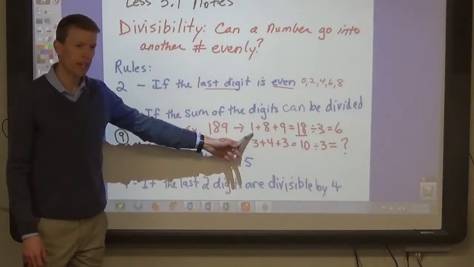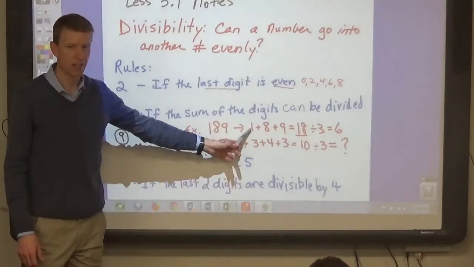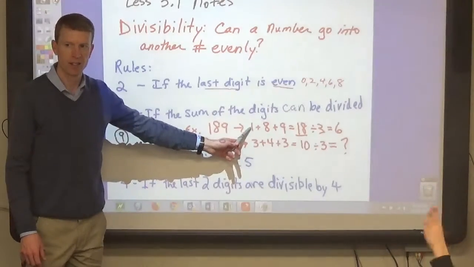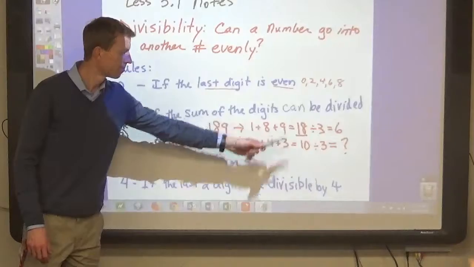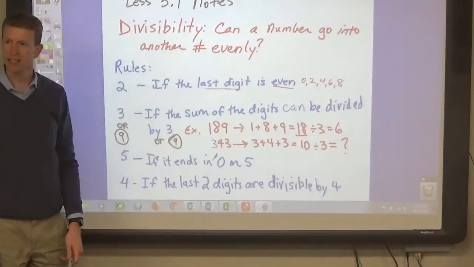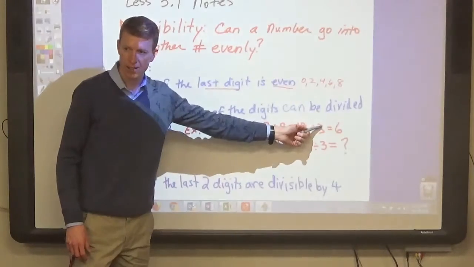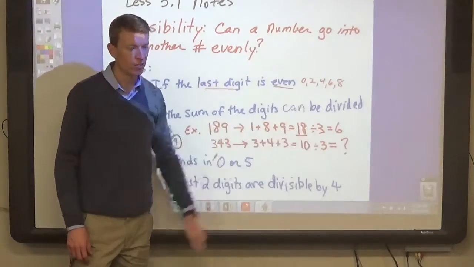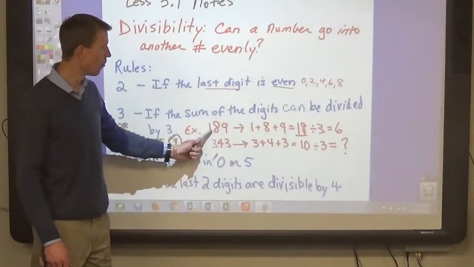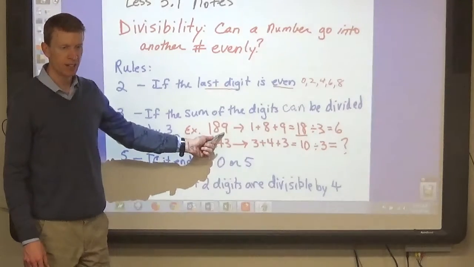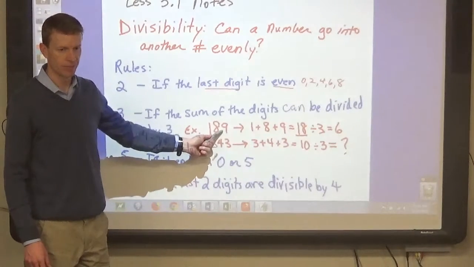What's 1 plus 8 plus 9? 18, right? And 18 is divisible by 3. So therefore, the number 189 is divisible by 3.